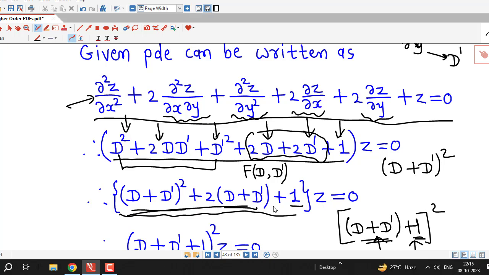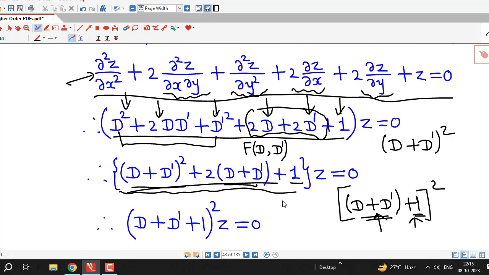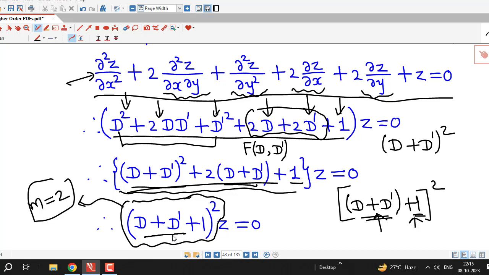So again I can rewrite this as the square of D plus D dash plus 1 acting on z equal to 0. So this is our function capital F in this equation, and it is not a homogeneous function, it is reducible. We are able to write capital F as a product of two linear factors D plus D dash plus 1 and D plus D dash plus 1.